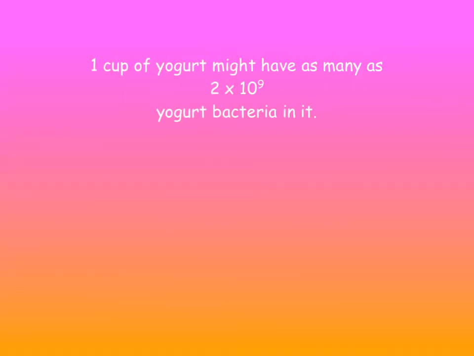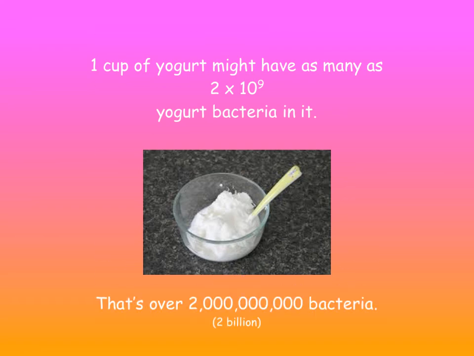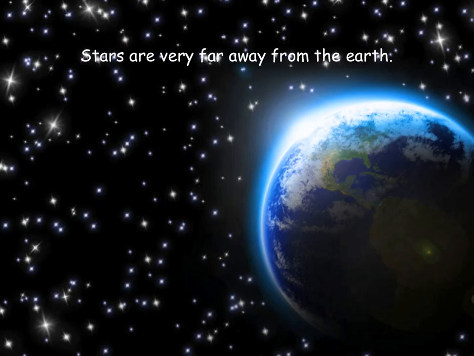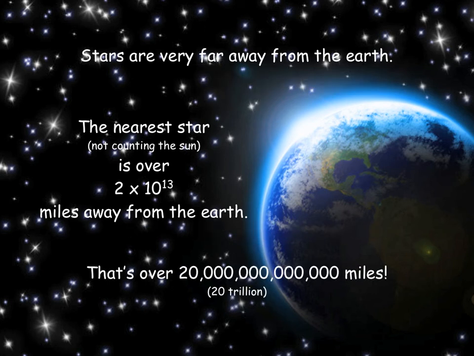A cup of yogurt might have as many as 2 times 10 to the 9th power yogurt bacteria in it. That's over 2 billion bacteria just in a cup of yogurt. Here's another scientific example. Stars are very far away from the Earth. The nearest star is over 2 times 10 to the 13th power miles away from the Earth. That's over 20 trillion miles.